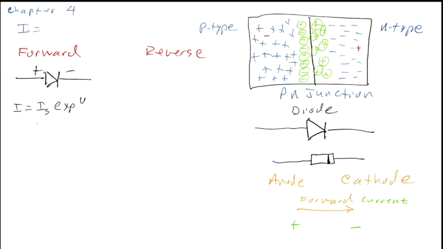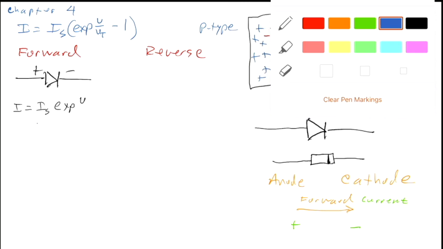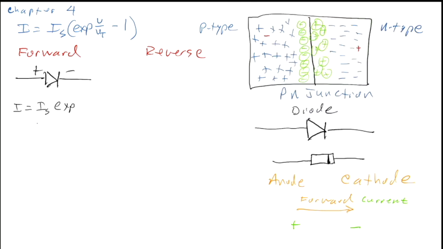So we have I is I S e to the V over VT minus 1. And so what we get with a forward bias, and VT is perhaps 0.0258, right?